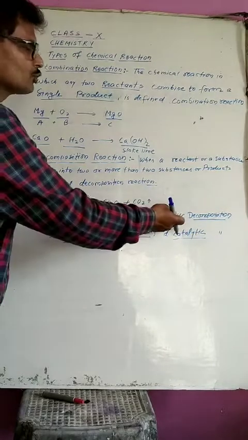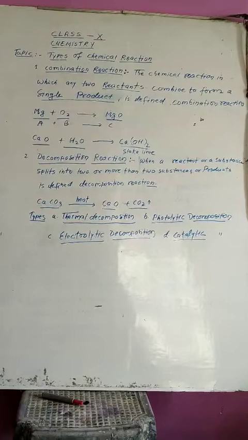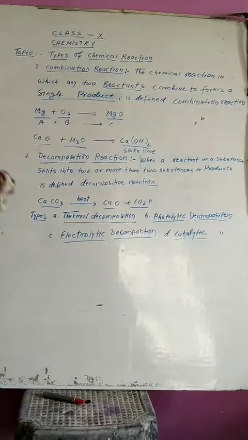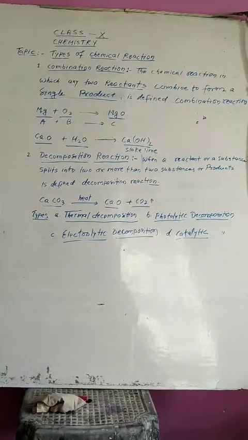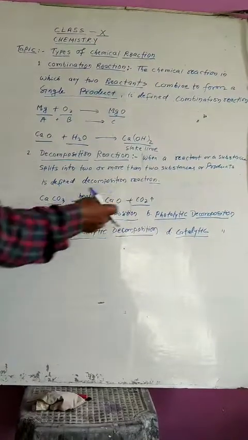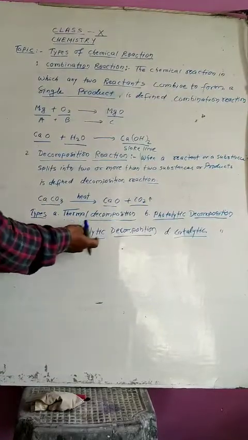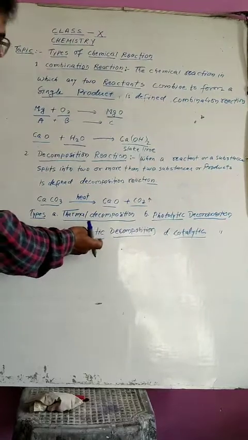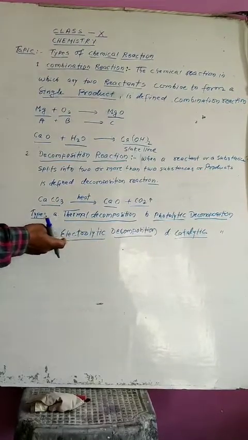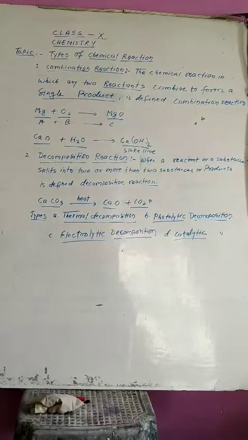Secondly, we see photolytic decomposition, the decomposition reaction in which light energy is applied to split the substance. Similarly, we may define electrolytic decomposition, the decomposition reaction in which electrical energy is required to split the substance.